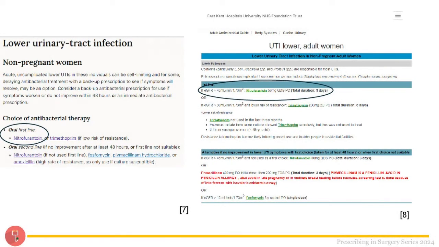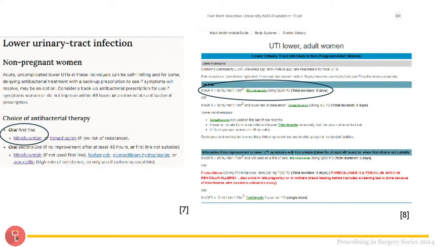So this is just showing you in non-pregnant women, first line, you would prescribe nitrofurantoin or trimethoprim. And we tend to use nitrofurantoin over trimethoprim. We only tend to use trimethoprim if there's low risk of resistance.